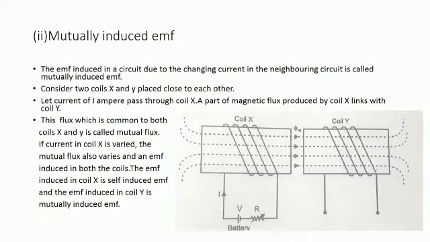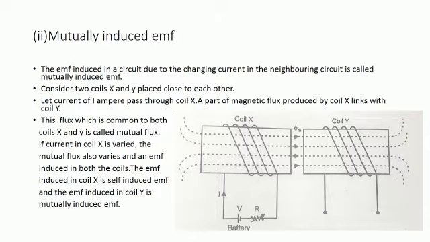Next, mutually induced EMF. The EMF induced in a circuit due to changing current in a neighboring circuit is called mutually induced EMF. Consider two coils X and Y placed close to each other.